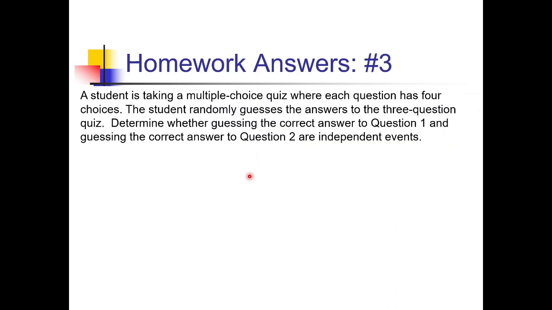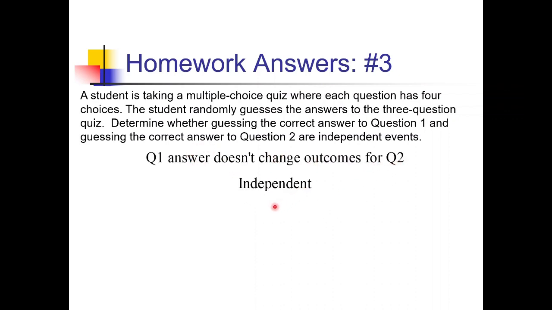On this one, we have a student taking a multiple choice quiz. Each question has 4 choices. They randomly guess the answers to the 3-question quiz, and we want to know if guessing the correct answer to question 1 and question 2 are independent events. Since they're randomly choosing, and whatever I pick on question 1 doesn't change my available choices for question 2, these are independent.